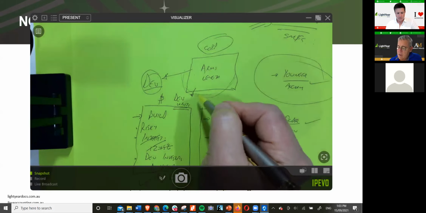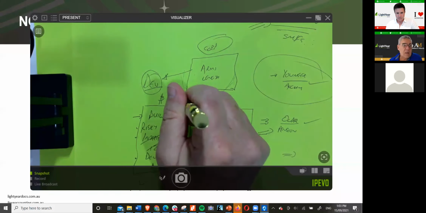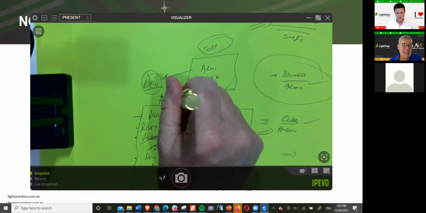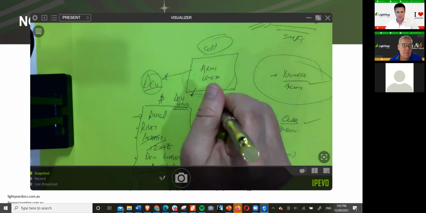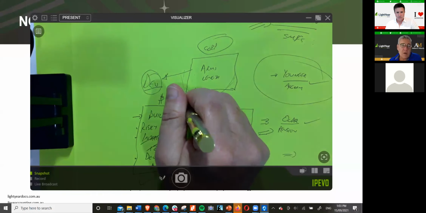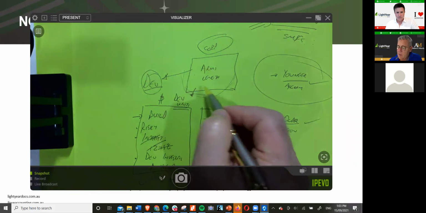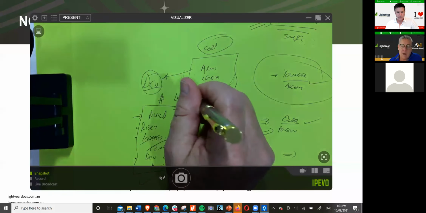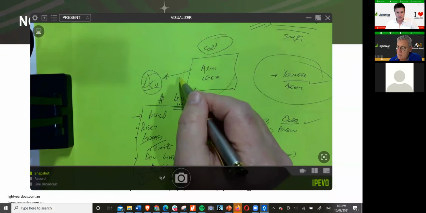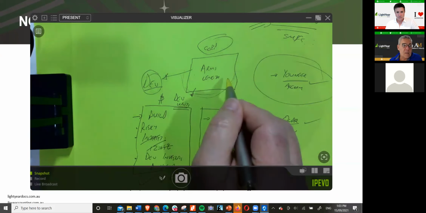Alternatively, we can give our dev guys the option of converting their units from the capital to the income units. Or likewise, the dev units can actually acquire the properties that are sitting in there for a discount, if that makes sense.